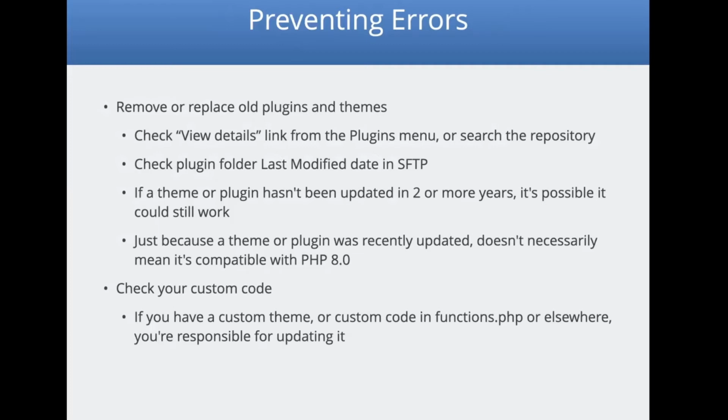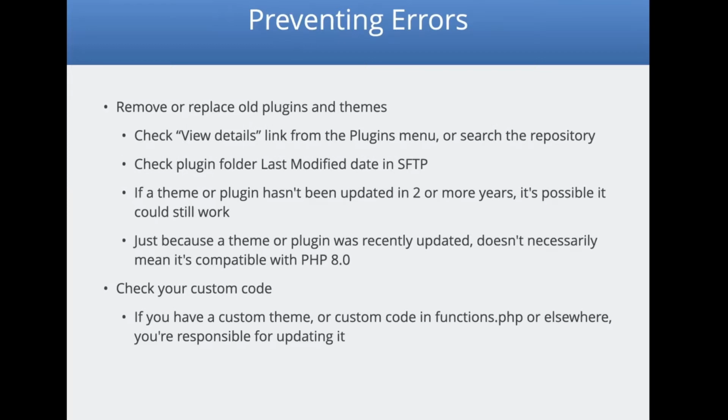So to check if a plugin is old, you can go to the View Details link in the Plugins menu. For most plugins in the repository, it'll bring up the repository page for that plugin, and you can see the last updated. But some plugins customize that and they take you to their website instead.